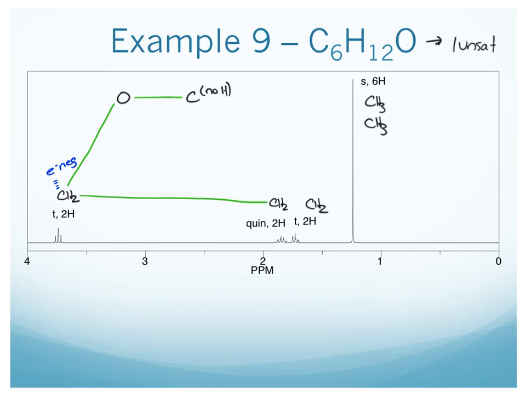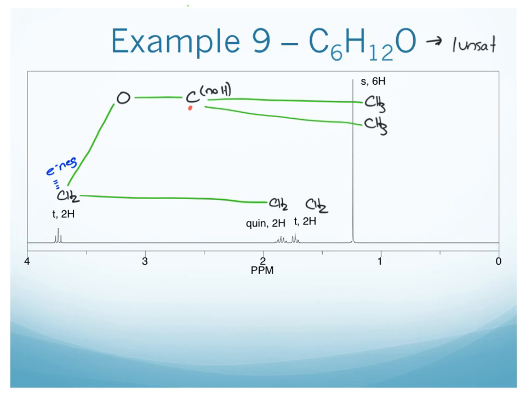Okay, now maybe look at these CH3 groups. They're a singlet, meaning they're connected to something that doesn't have any hydrogen. Well, we only have one option. So, let's connect them to this carbon.